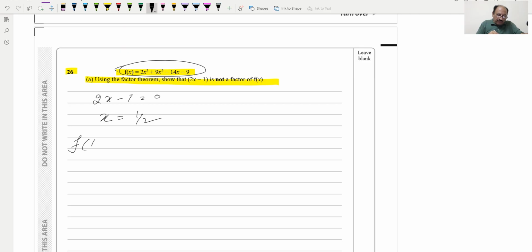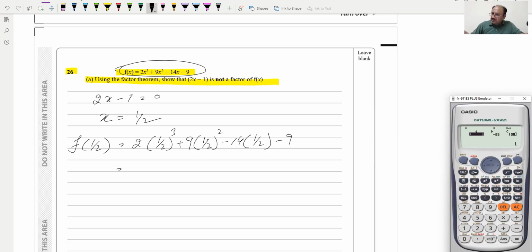So we'll find f of 1 by 2. This will be equal to 2 into (1/2) cubed plus 9 into (1/2) squared minus 14 into (1/2) minus 9, and we can calculate this.